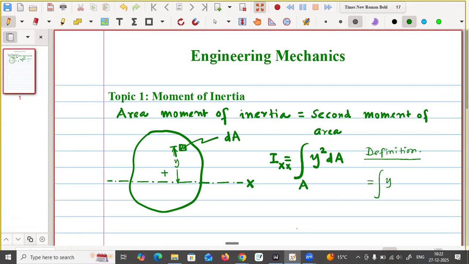Actually, someone is trying to join. Let me allow. The picture has actually changed, so someone is trying to join.